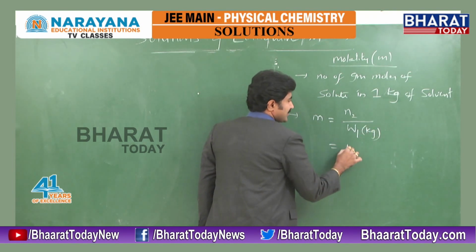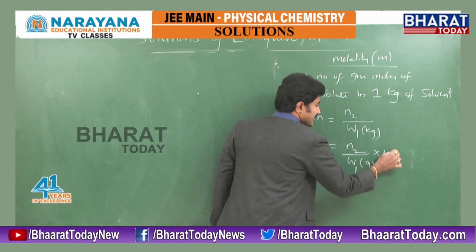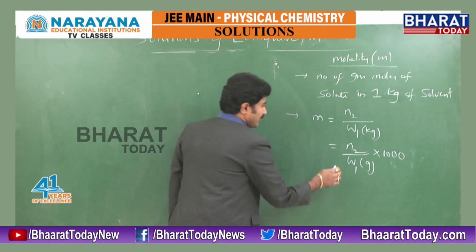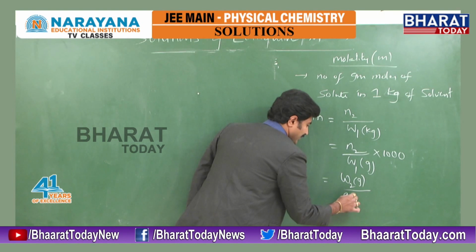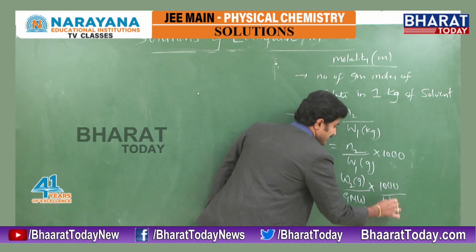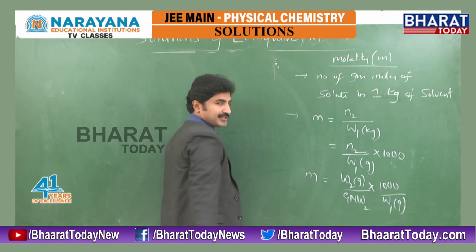If you simplify, this is N2 by W1 in grams into 1000, where I converted weight of solvent to grams. But we know number of moles of solute is weight of the solute by gram molecular weight of the solute, so molality is weight of solute into 1000 by gram molecular weight into weight of the solvent in grams. This is the molality mathematical expression.